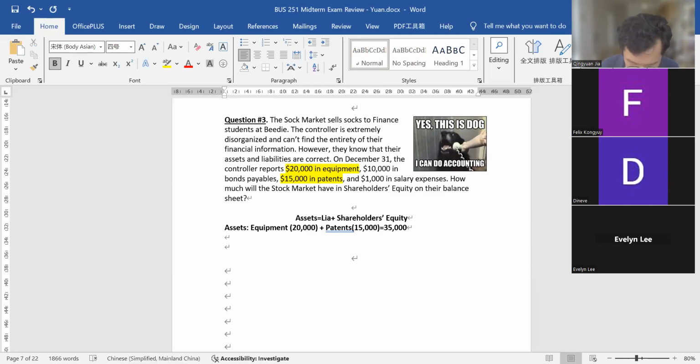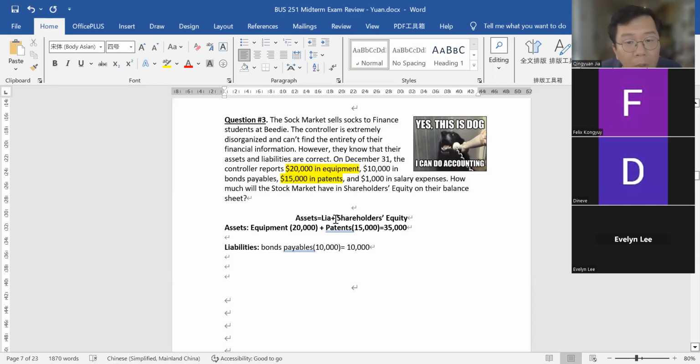That's it. And then what do we have for liabilities? We have bonds payable here. How much is that? That's the 10,000 we have for liabilities.